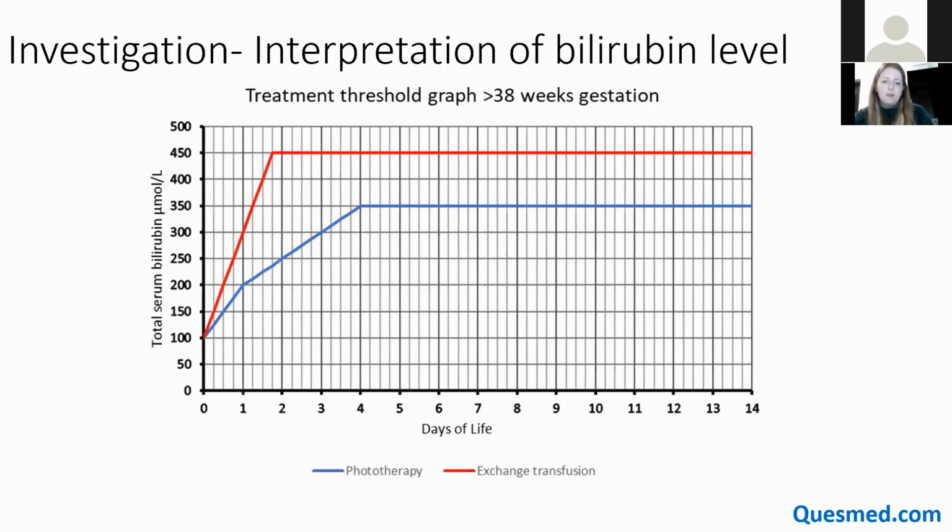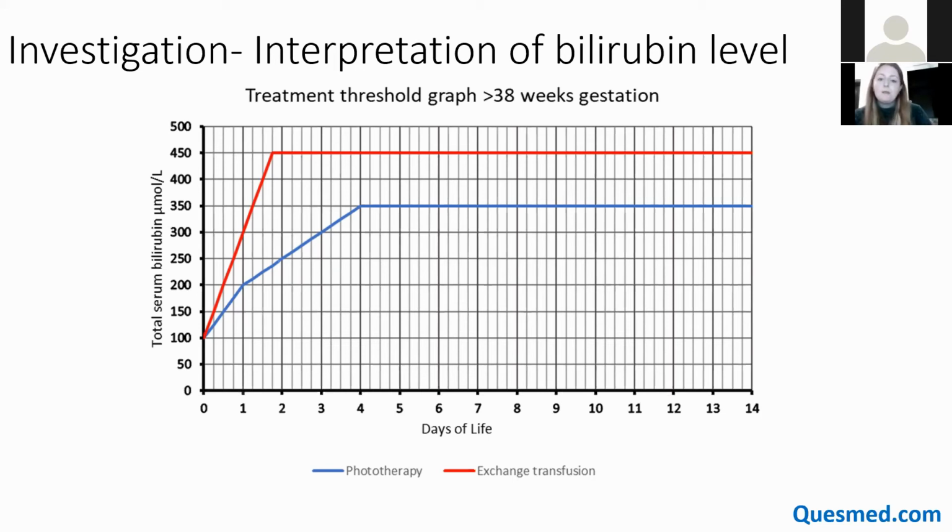So this graph is something that if you do a paediatric placement, you will become well acquainted with. NICE have produced several graphs that look quite similar to this. They help you decide whether the serum bilirubin level is above the threshold for treatment, A with phototherapy and B with exchange transfusion, based on how many days of life the baby is.